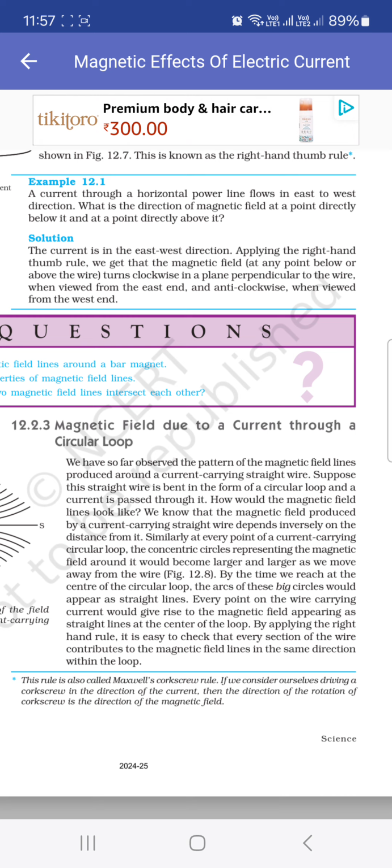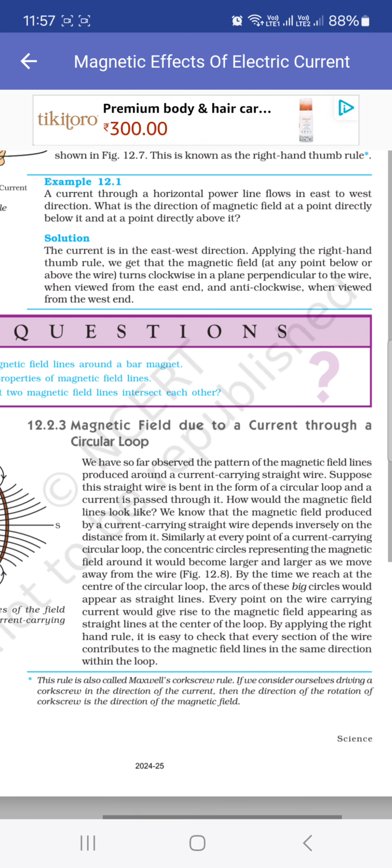By the time we reach the center, the arcs of these big circles would appear as a straight line. Every point of the wire carrying current would give rise to a magnetic field appearing as straight lines at the center of the loop.